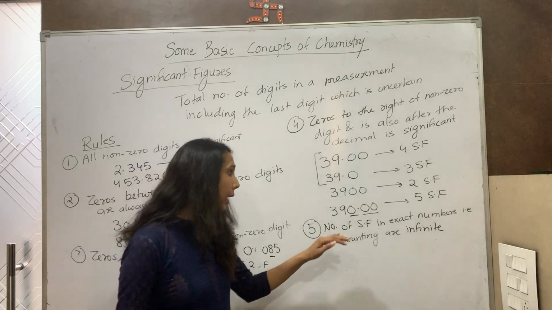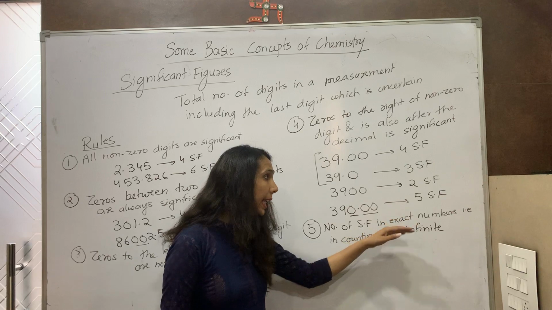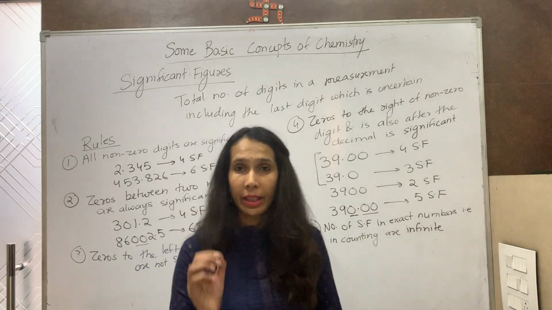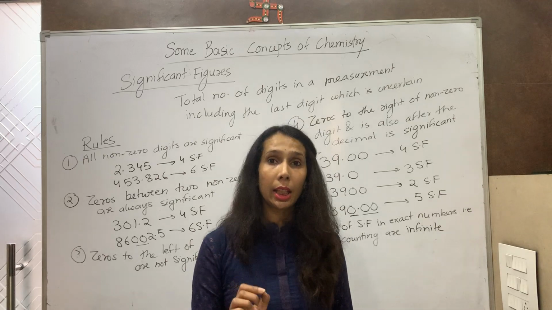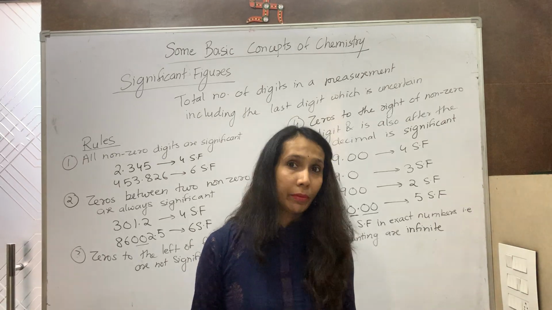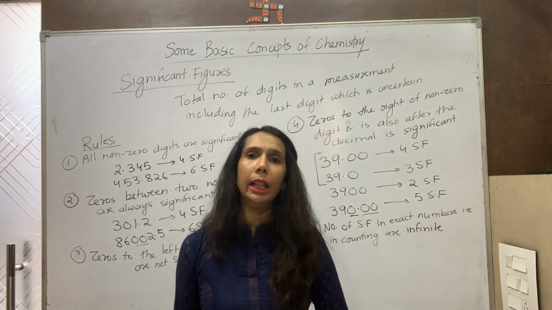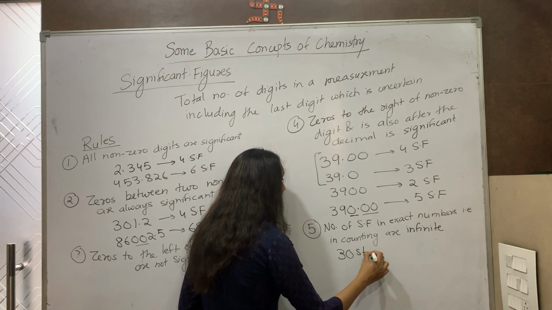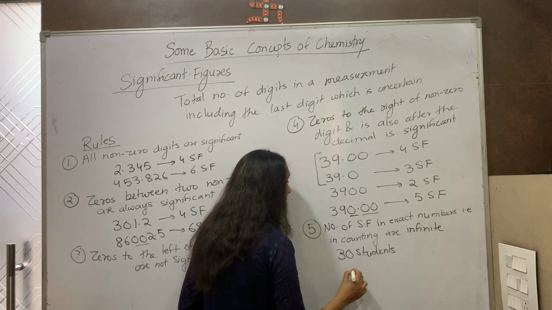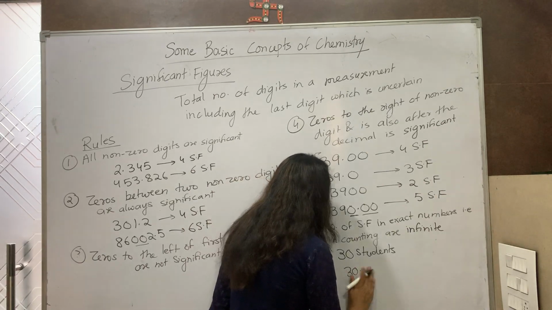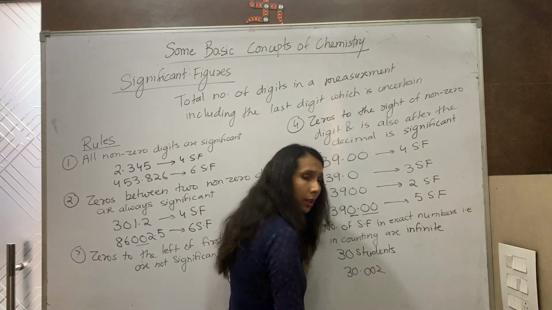For example, I say that in a class there are 30 students. Can you tell me there is any uncertainty in it? That means, can it be 30.1 student? Can it be 30.002 student?